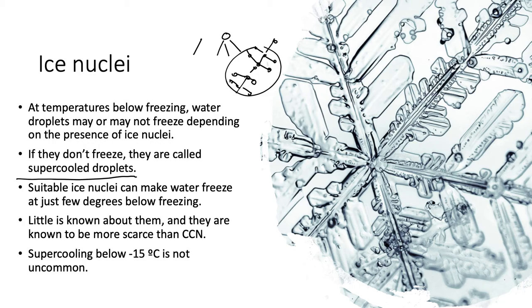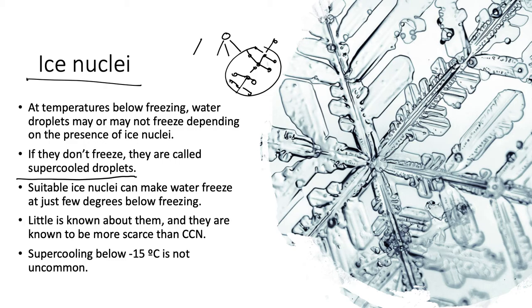Something similar to what happens for liquid droplets happens for ice crystals in the atmosphere. So for the water droplets, we had those dirt particles called CCN, and they facilitate the formation of the cloud droplet. In the case of ice, something similar happens, and you have what we call ice nuclei.